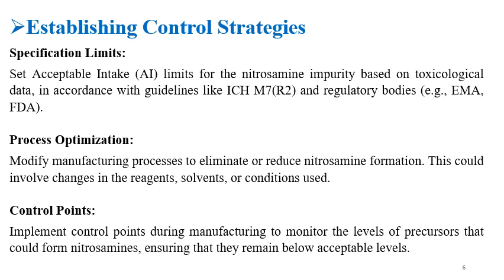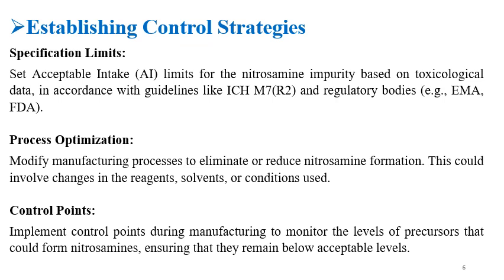Specification limits. So set acceptable intake, that is AI limits for the nitrosamine impurity based on toxicological data in accordance with guidelines like ICH M7R2 and regulatory bodies guideline EMA, FDA. All the guidelines are required to be taken into consideration for setting the specification limits.